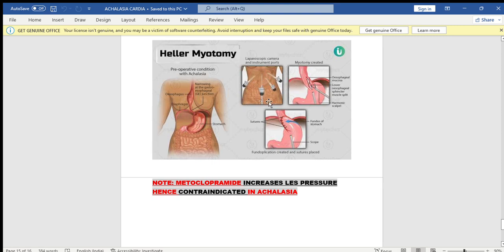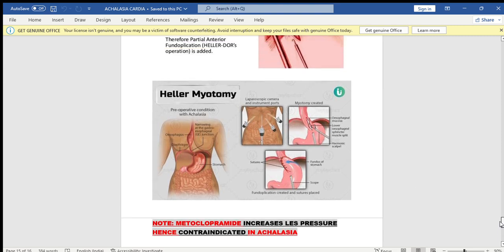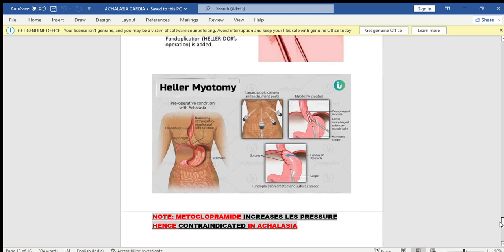Laparoscopically, they put cameras into this area. The lower esophageal muscle is split, right? Over here, you can see they're doing a split, and then it is sutured back. A fundoplication is also done in order to ensure that gastroesophageal reflux disorder does not develop as a result of Heller's myotomy.